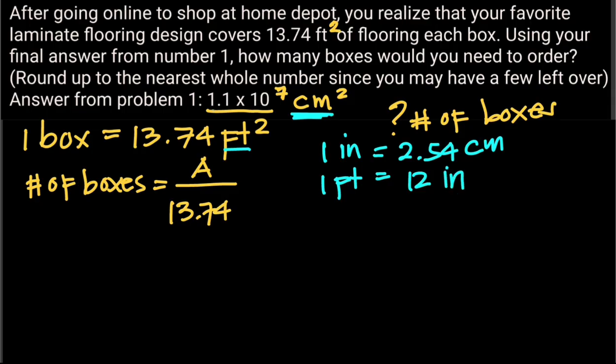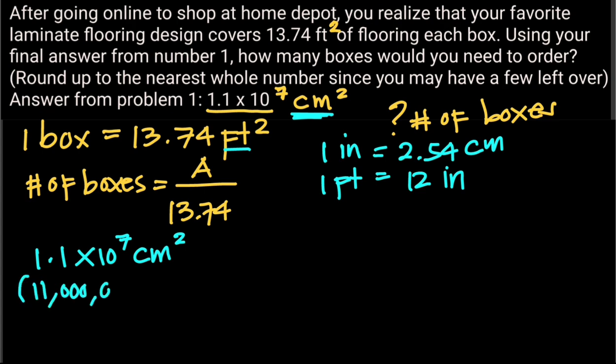So now we can convert 1.1 times 10 to the 7 square centimeters. This is just equal to 11 million, if you're going to expand this one. Convert this to inches first.